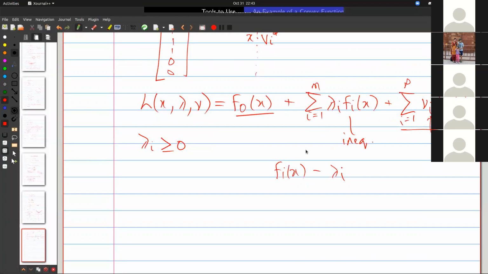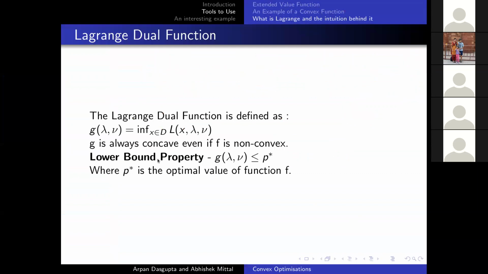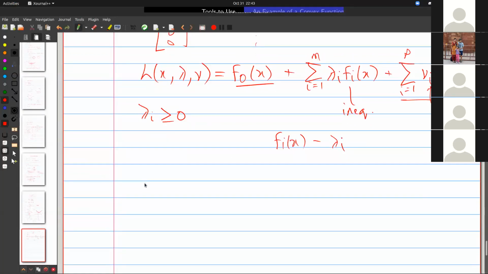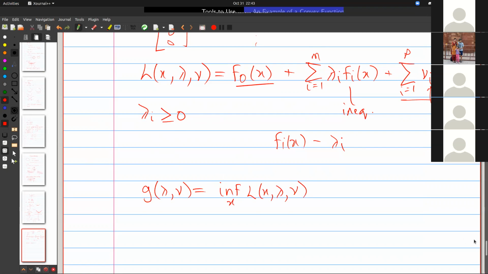We will talk about the Lagrangian dual function. The Lagrangian dual function is g of lambda, nu, where we take an infimum over x of the Lagrangian L of x, lambda, nu. So this is our Lagrangian dual function.